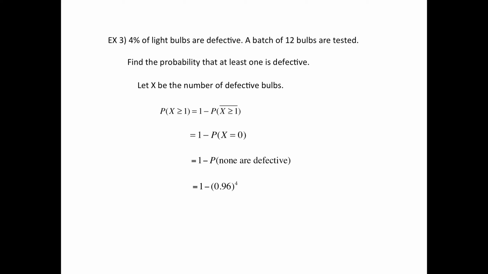Sorry, this is not supposed to say to the 4th. This is supposed to say to the 12th because we've got 12 light bulbs. And so the final answer is 0.387. So this right here should say 12.